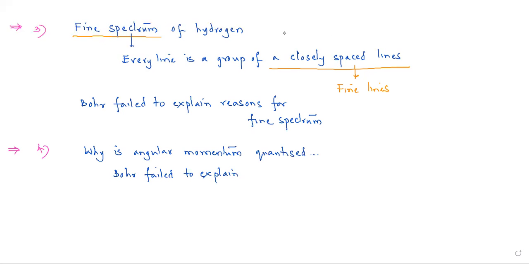And the final one is, of course, Bohr failed to explain the formation of chemical bonds. Okay. So these are the defects of Bohr's atomic model.